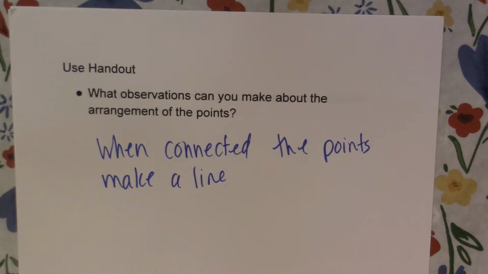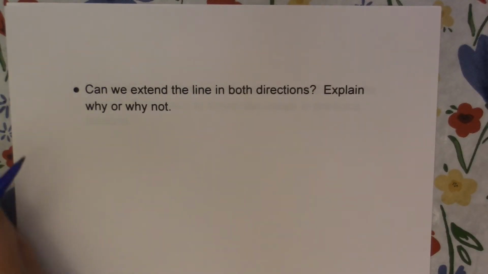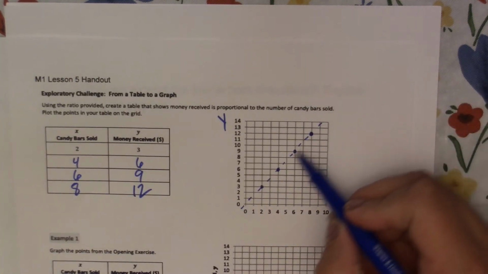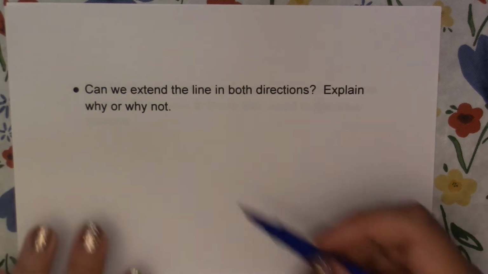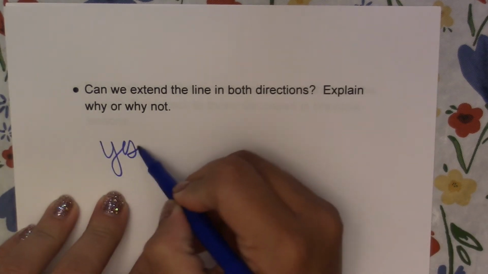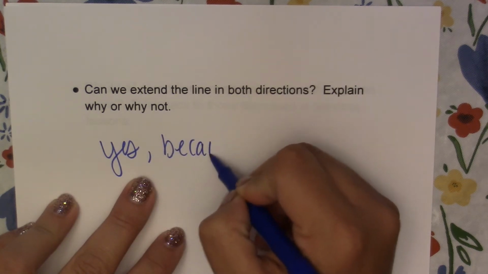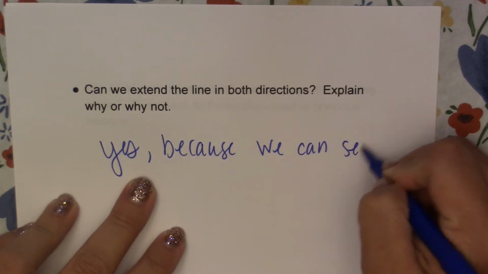Okay, our next question, whoops. Can we extend the line in both directions? Explain why or why not. So could we take this line and keep going up here, and could we go down here? So in all reality, we can extend the line, yes, because we can sell more candy bars.